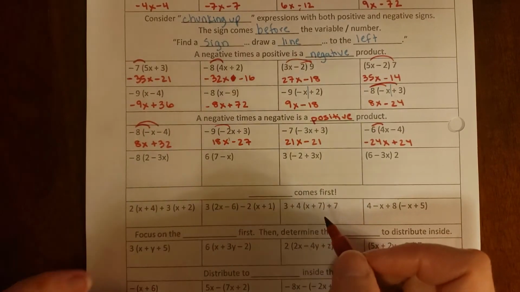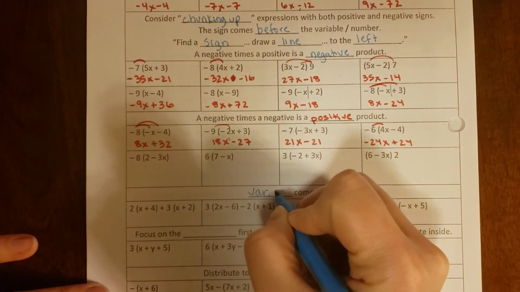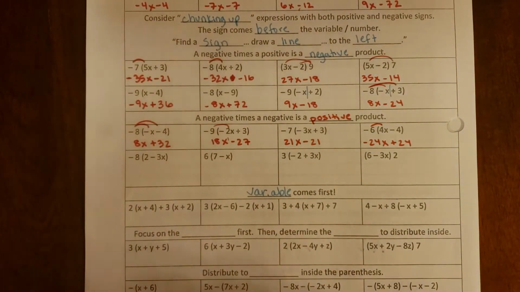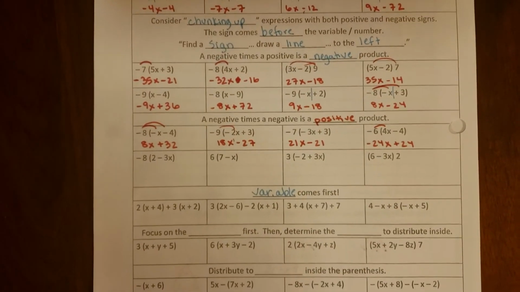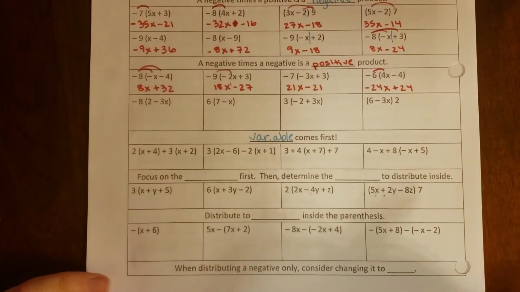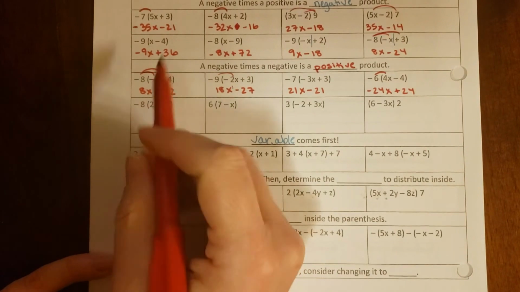Now these are a little bit different. I mentioned it before. If you have a choice, the variable should always come first. If it doesn't, the expression is going to have the right value, but it's not going to be written in the most mature way. And of course, we want you to look like you're educated and you know what you're doing. It's also going to make things a lot easier for you when you're solving equations. So you can do this one of two ways.